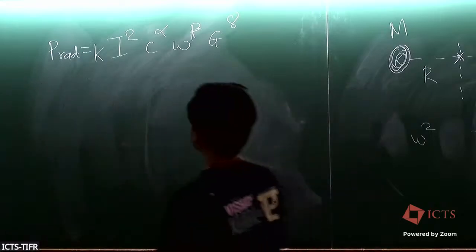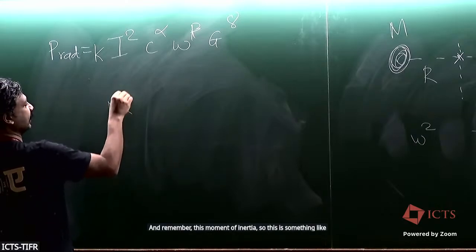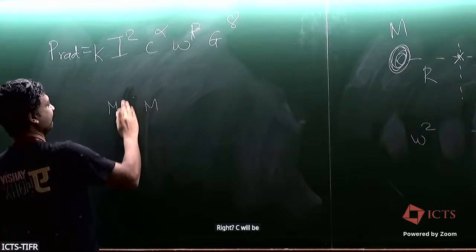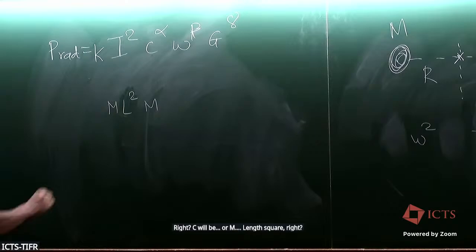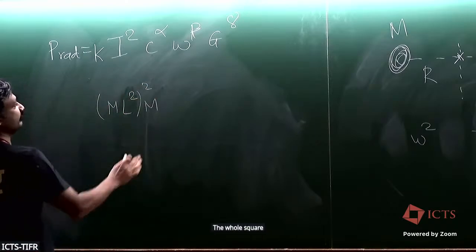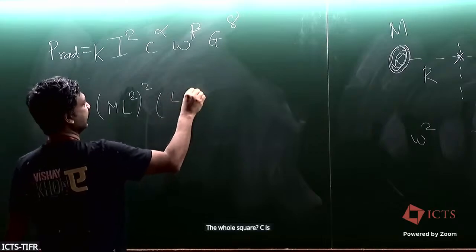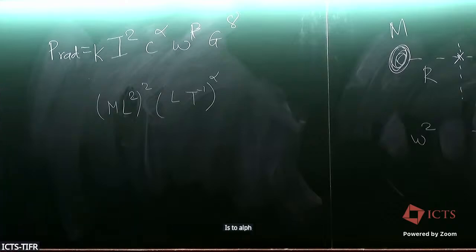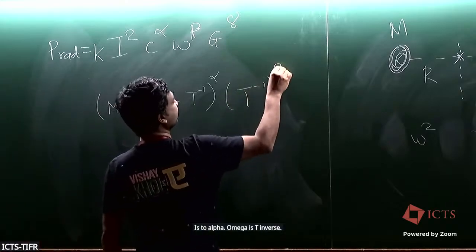And remember this moment of inertia is something like m r square, or m length square, the whole square. c is length time inverse raised to alpha. Omega is T inverse raised to beta.